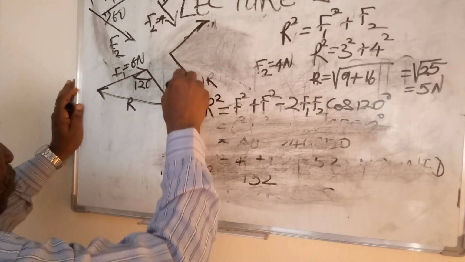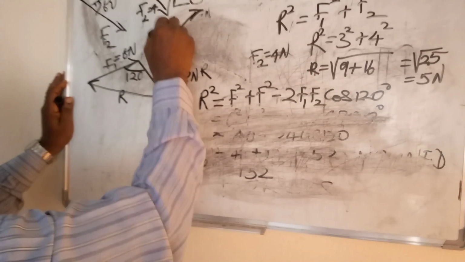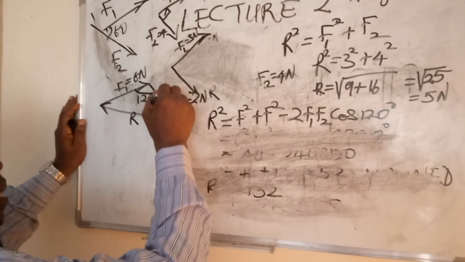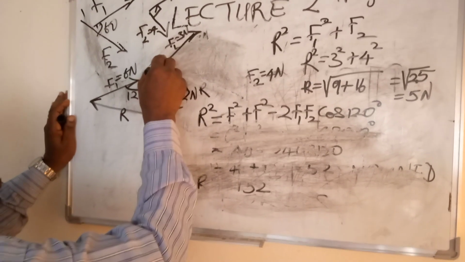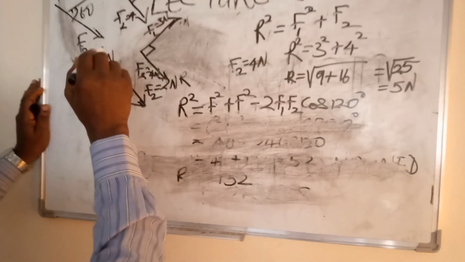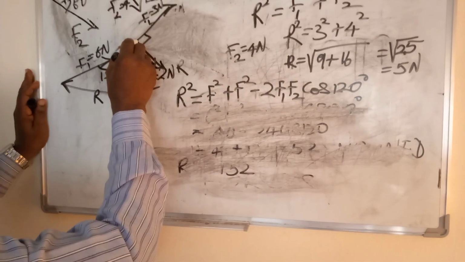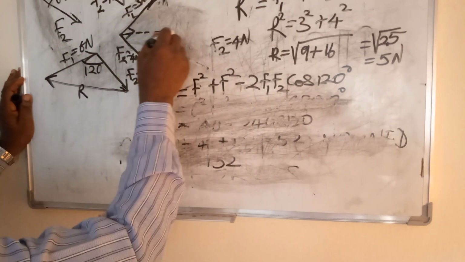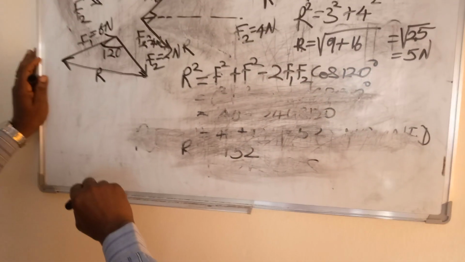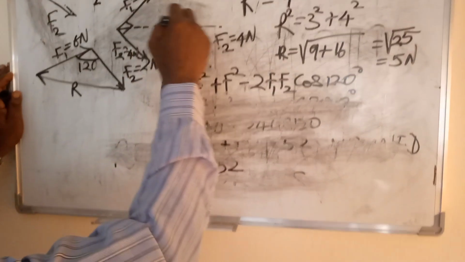This is F1, which is 3 newtons. This is F2, which is 4 newtons. The angle is 90. In this case, the resultant will be between the two. It will be the hypotenuse.